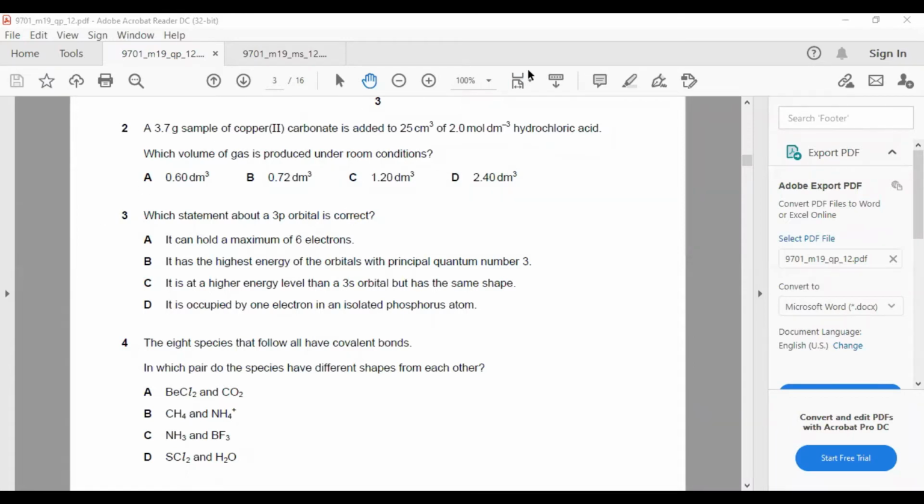It's not about the p subshell, it's about the orbital. A is wrong. Six electrons are occupied by the p subshell. It has the highest energy orbital with principal quantum number. Principal quantum number means shell.